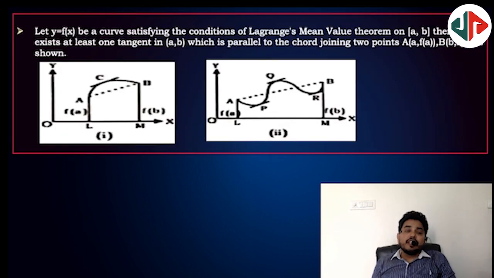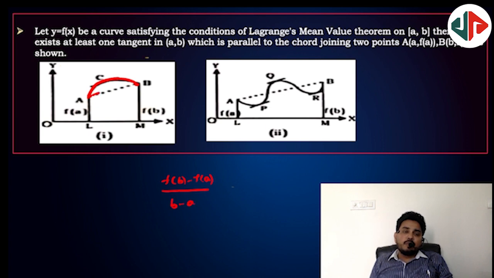So what is the geometrical interpretation for this one? Look at here. F of a is here, f of b is here. Now, what is f of b minus f of a by b minus a? Means the slope of this line.